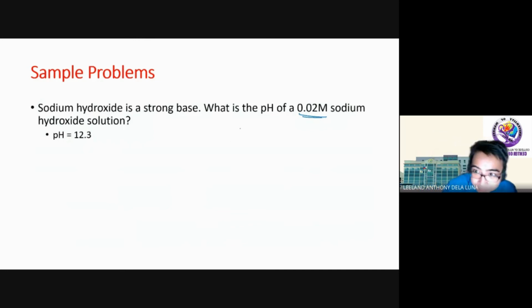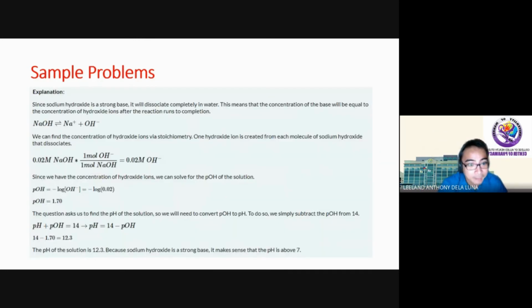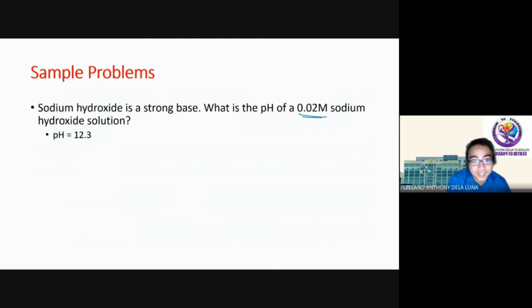So this one is a base. Since it's a strong base, what it will produce is mostly OH, correct? The majority produced would be OH. So therefore, class, similar to acids, wherein whatever its concentration is becomes my H concentration, it's the same thing here, but what I get here is OH. So what we'll do is, given: the concentration of sodium hydroxide is equal to 0.02 molar.